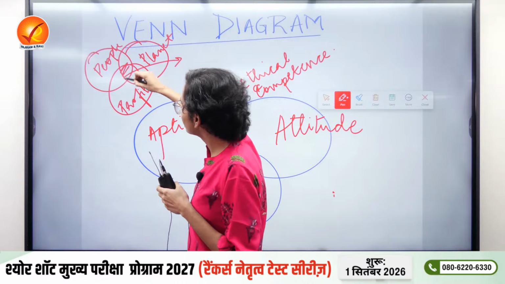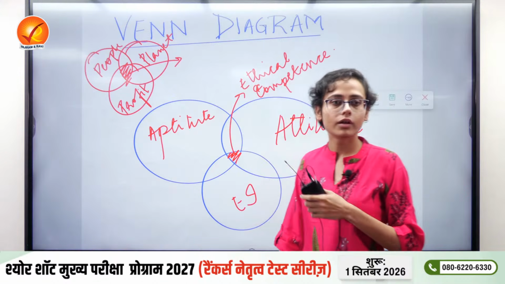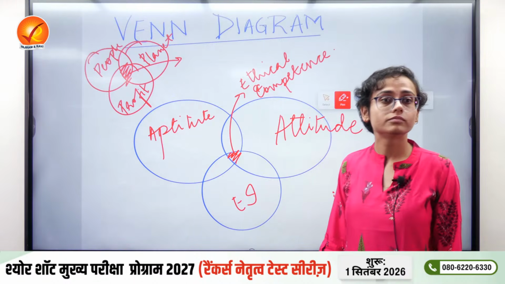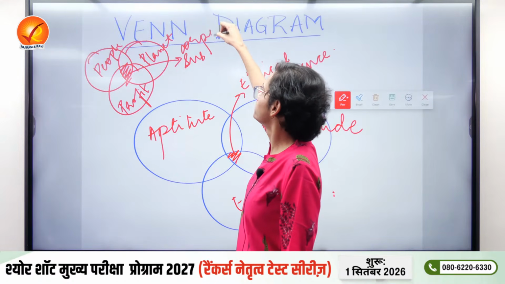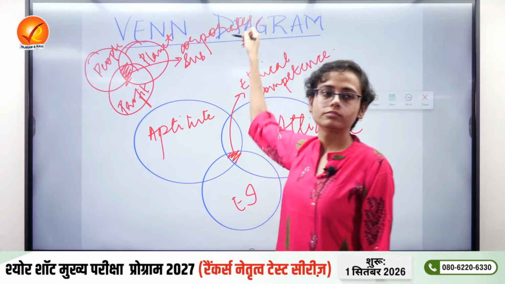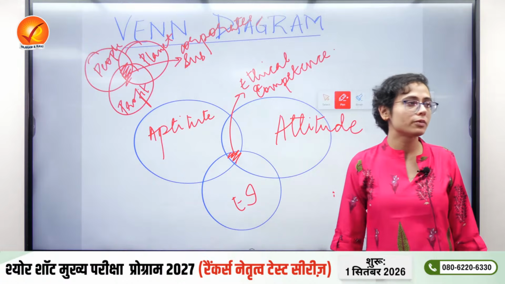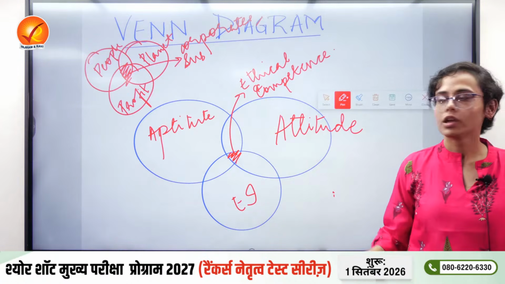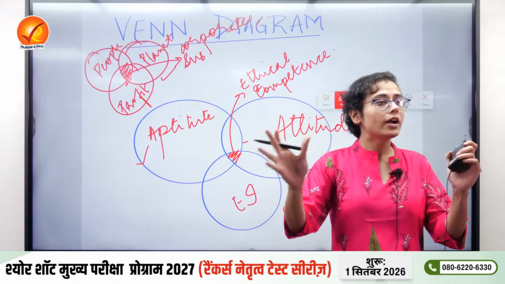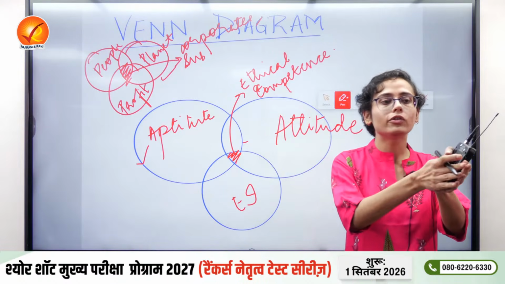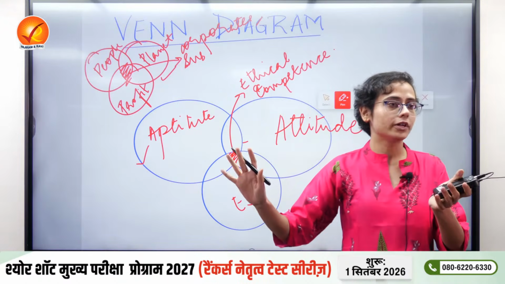The target that it achieves is sustainability from the corporate's perspective, the companies. So these are diagrams where 3 different things come together in order to achieve a particular thing that is altogether different.